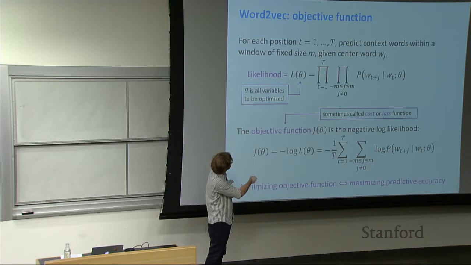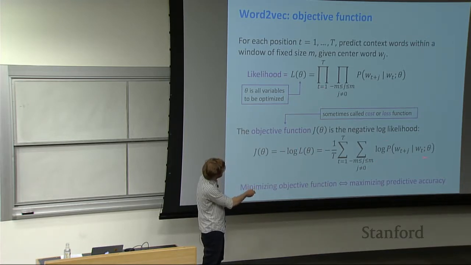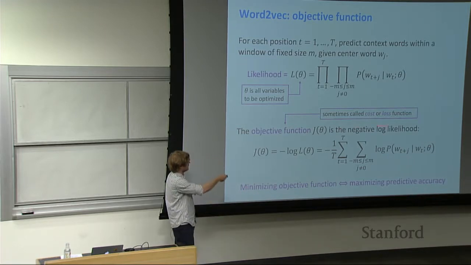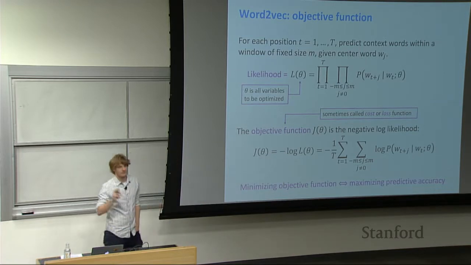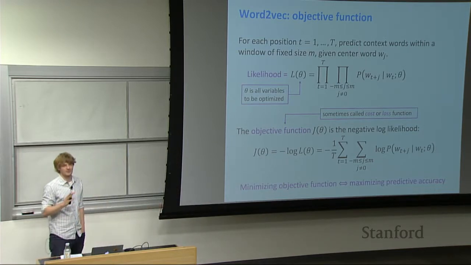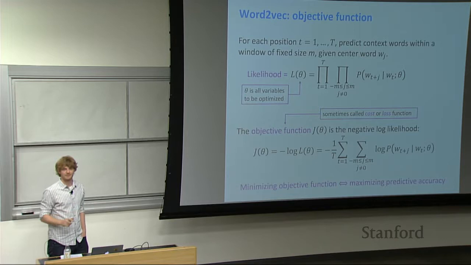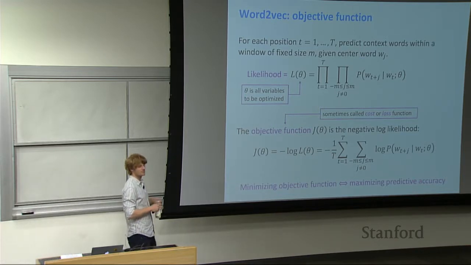And the two multiplications become sums. And we now have the log probabilities of all of these. And now we want to overall minimize this objective or cost or loss function. We'll use those three terms synonymously. OK, we still don't really know how to compute this probability, but we'll get to that in the next slide.